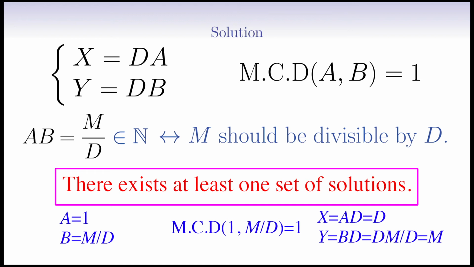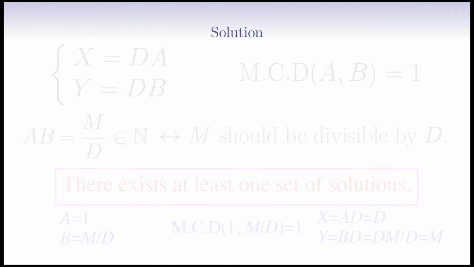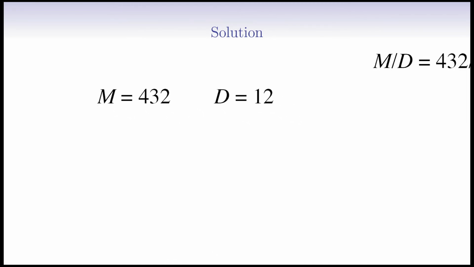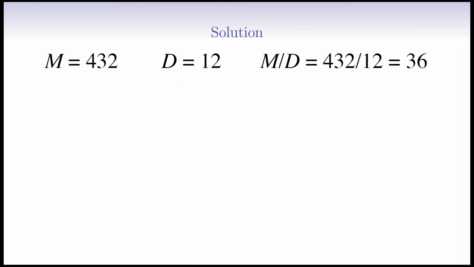Now, let's apply all we've learned so far to our particular problem. Knowing that m is 432 and d is 12, we obtain that m divided by d is 432 divided by 12, which is 36. So, the number of sets of solutions for a and b is equal to the number of ways that we can decompose 36 into the product of two relatively prime numbers.